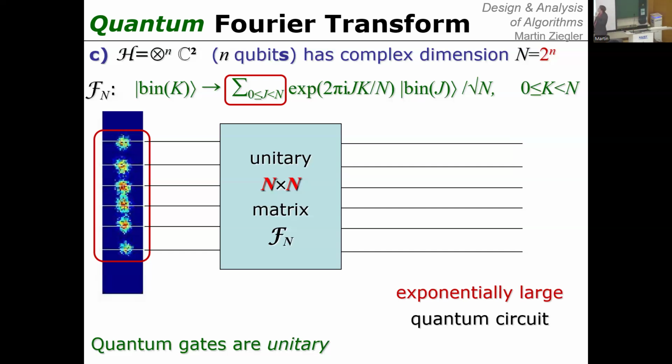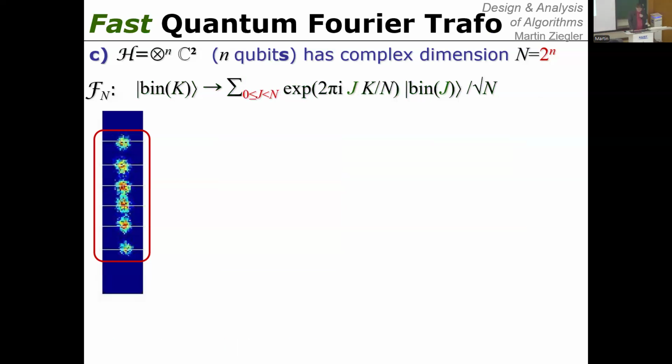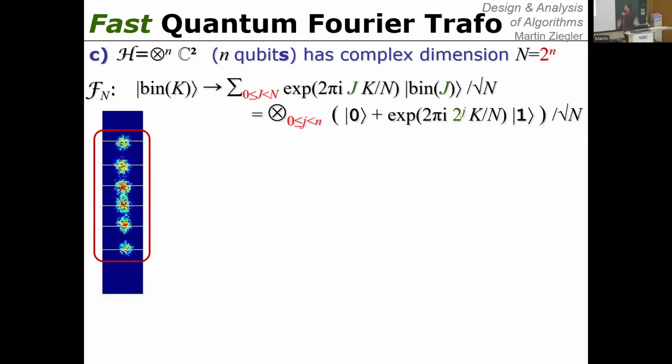The sum defining it has exponentially many terms, but, and this is where I'm skipping a little bit over the mathematical details, it can be expressed as a tensor product of only small n terms.